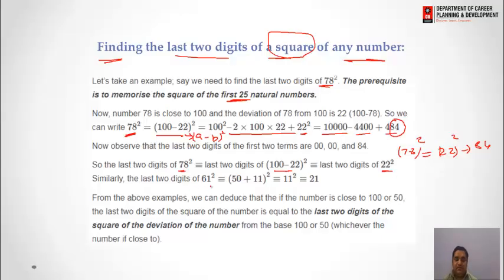Let's have another example as well. If we need to find 61 square, now 61 can be written as 50 plus 11 square. So either to find 61 square or to find 11 square, we have the same last two digits, that is 21. That means whatever the value we have, just reduce it to the nearby 100 or the 50th multiple to get the last two digits of the given value.